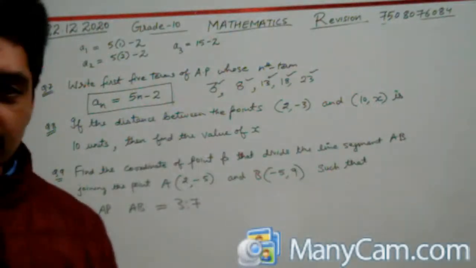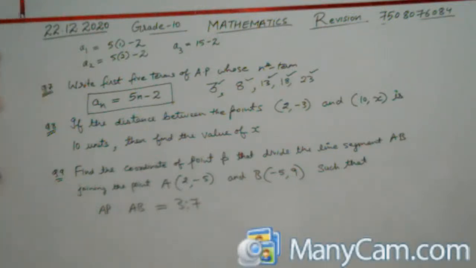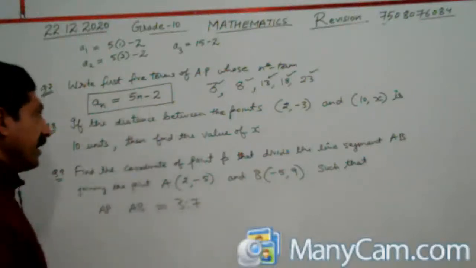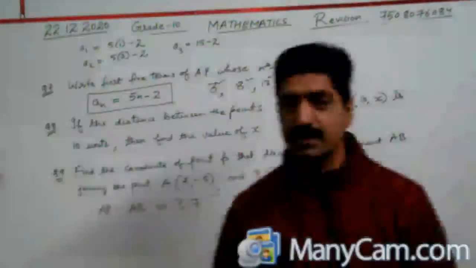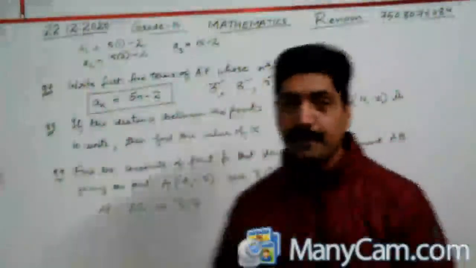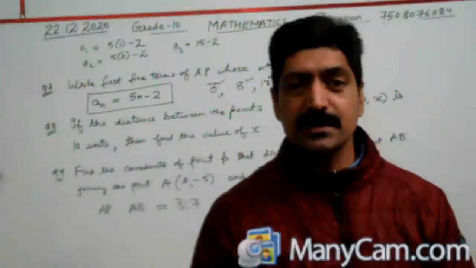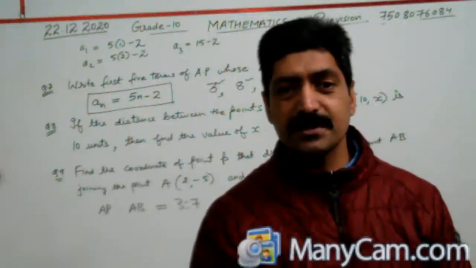So, thank you, Parul. Come to the next question. In question number 7, the nth term of an AP is given: An is equal to 5n minus 2. So dear students, one more thing I want to discuss. If we are given an AP, we can frame its general formula.